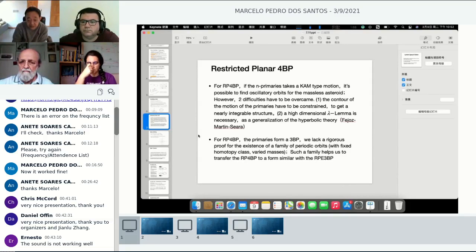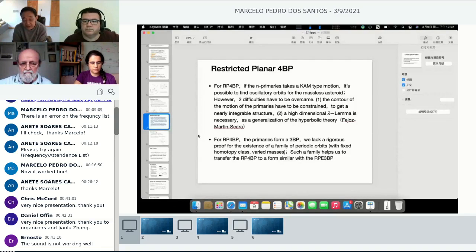So apparently in the current settings, it's difficult to overcome. But I know that there is a group by Féjoz, Guàrdia, and Seara. They are considering this problem. So why doesn't it work? For the lambda lemma, it's what Clark Robinson proved a long time ago. It's the same idea.